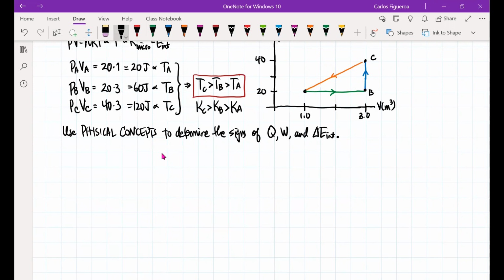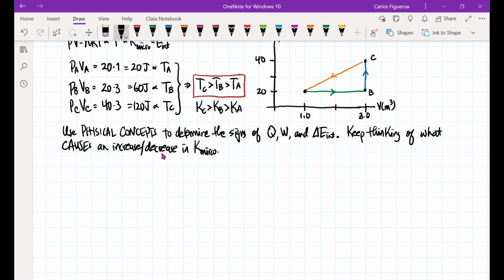As I start to do this, you want to keep thinking of what causes an increase or decrease in microkinetic energy.